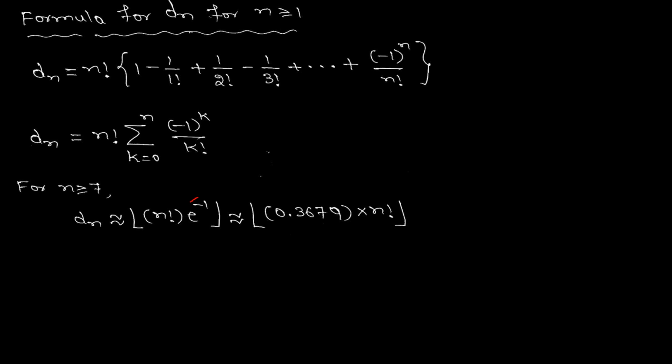If we calculate the e to the power minus 1 value using the calculator, we get this value approximately. Therefore, when n is greater than or equal to 7, directly we can say the number of derangements of n distinct elements is equal to this number. We can find out.